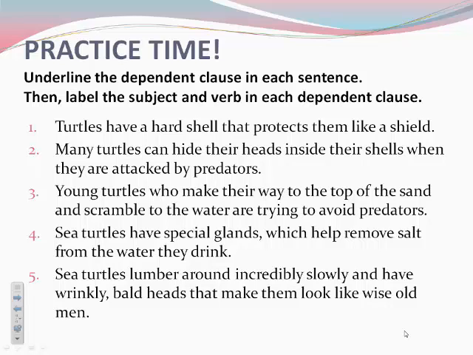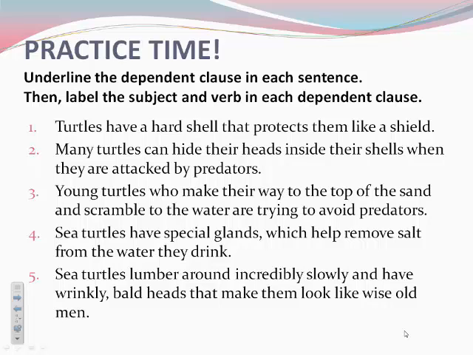The dependent clause would be that protects them like a shield, and the conjunction is that. That is the subject also, and protects is the verb. So a big clue that this is a relative clause is that the relative pronoun that is the subject of the clause. Okay, so you guys can finish the rest of these.